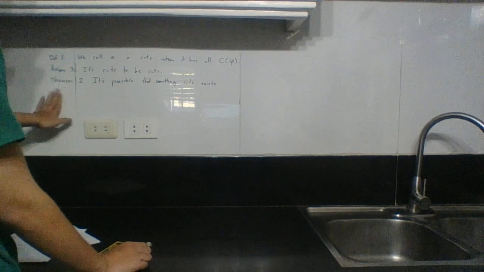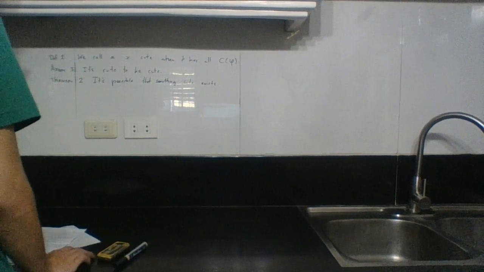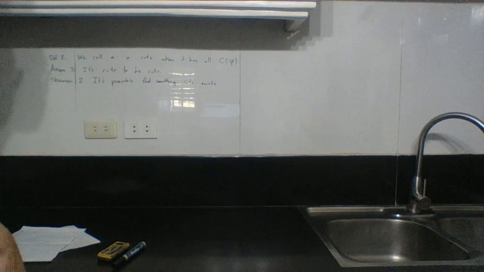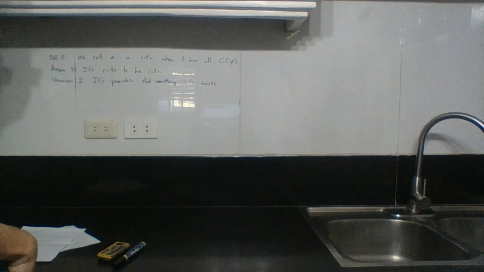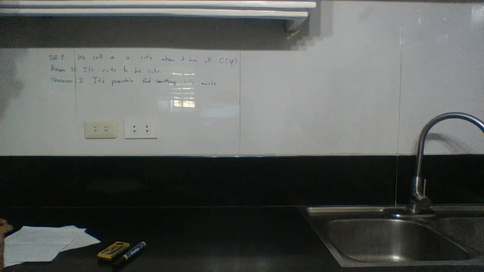I just apply that theorem on axiom 3 because it's possible that something with a cute property exists, and you know it's cute to be cute. Then that object is cute. All right, so we're following logically.